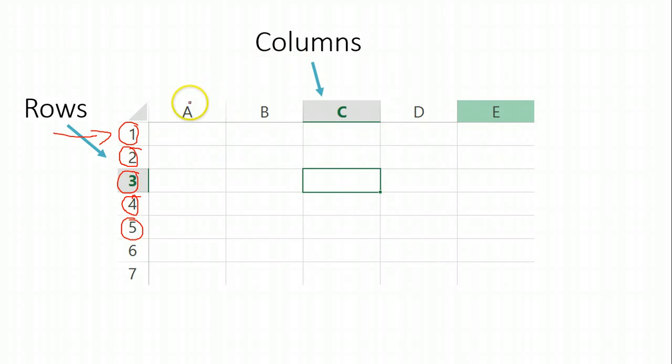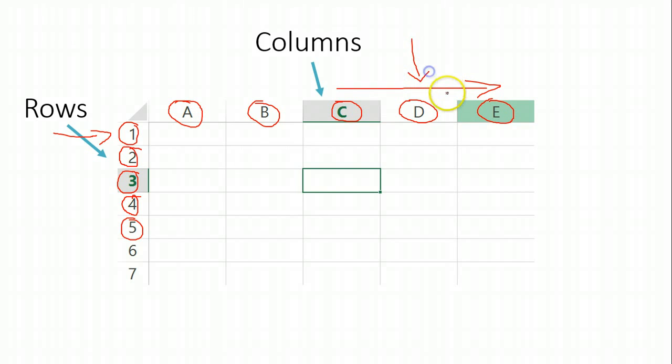Our columns are arranged by letter, and they are arranged horizontally, but the values that they're going to have within their cells are arranged vertically. So basically, our rows are arranged by number, and they go horizontal, and our columns are arranged by letter, and they go vertically.